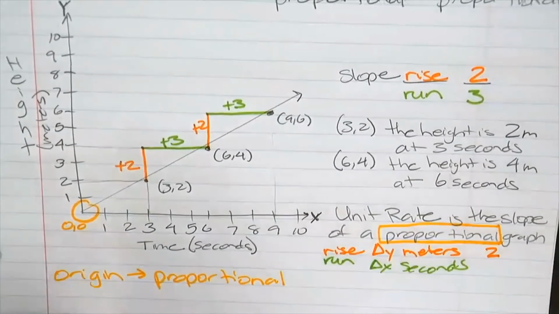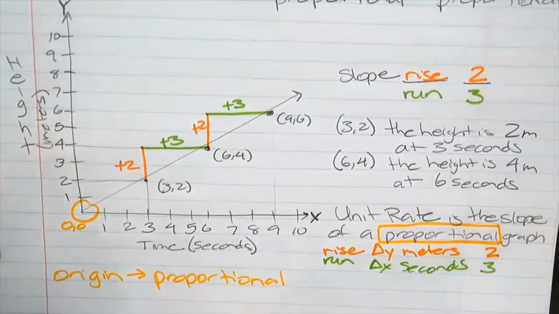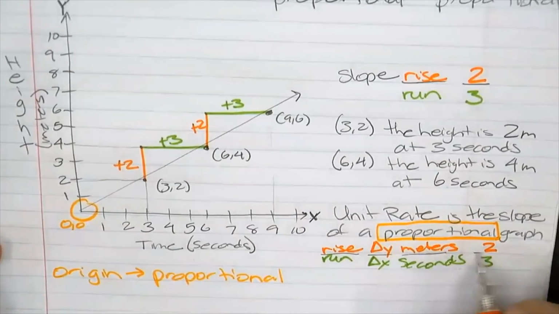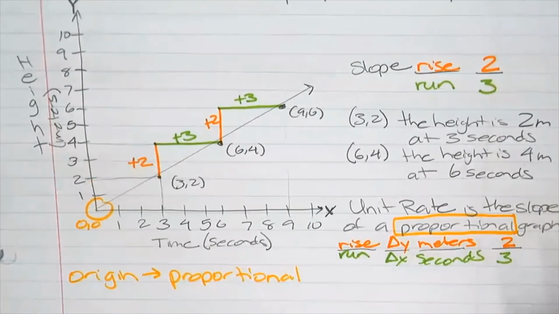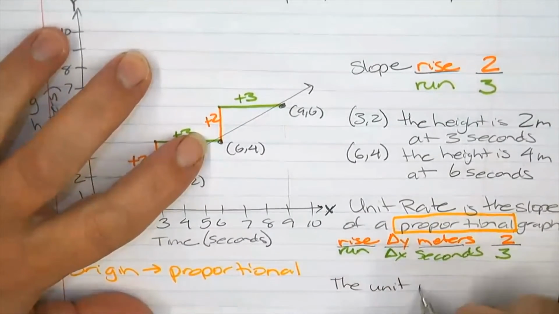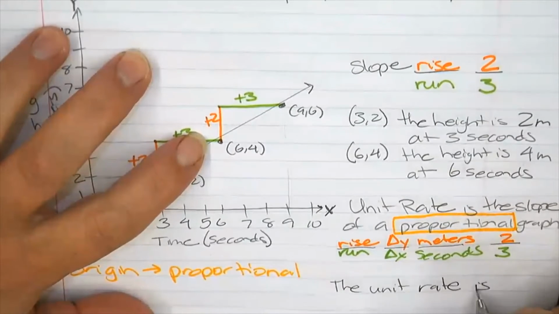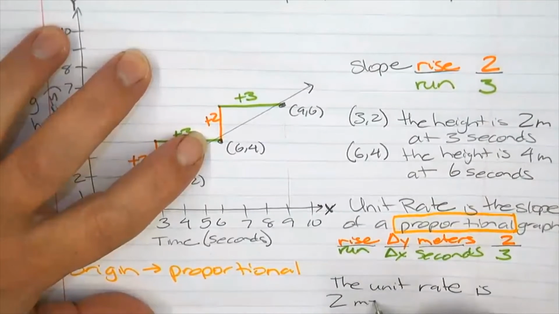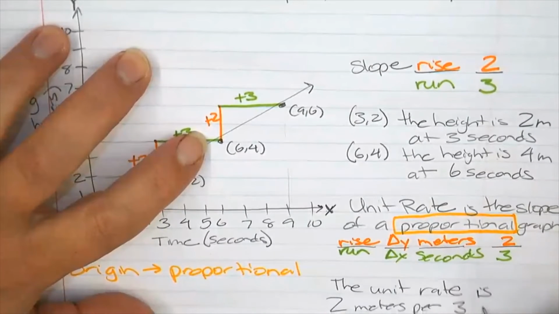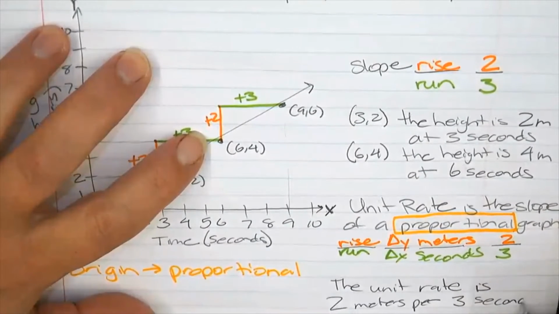My slope is 2 over 3. So what is my unit rate? The unit rate is 2 meters per 3 seconds.